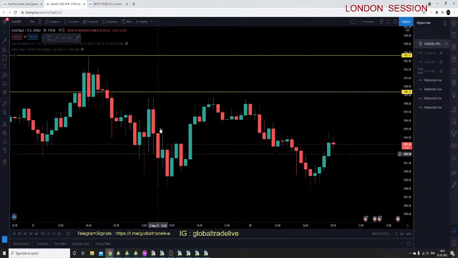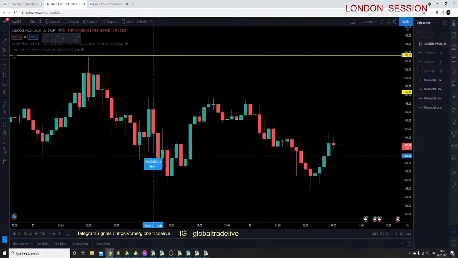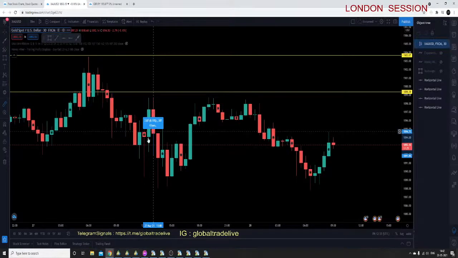Obviously we could not have taken this trade on 30 minutes because the stop would be very high. Let's see, yeah, 28 pips.